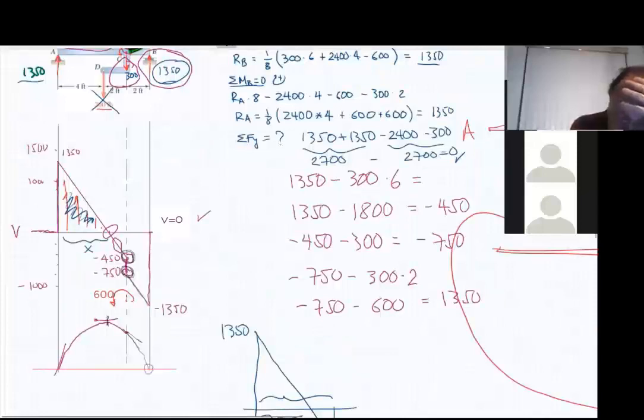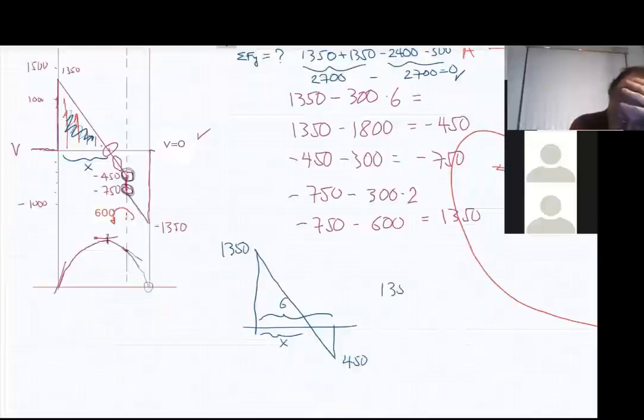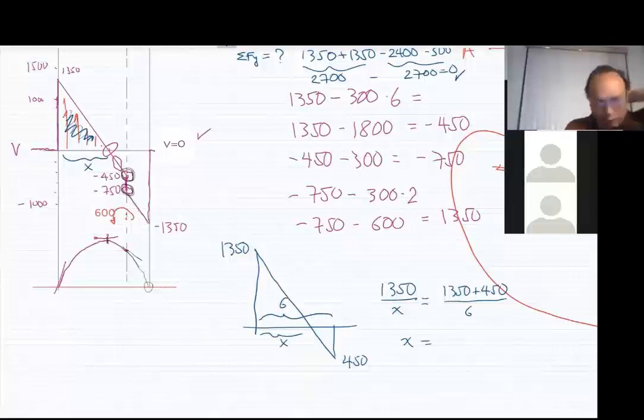So you have 1350 is to x as 1350 plus 450 is to 6. So from here you solve x and you get 4.5. So this x is 4.5.